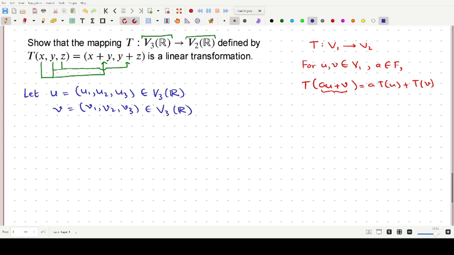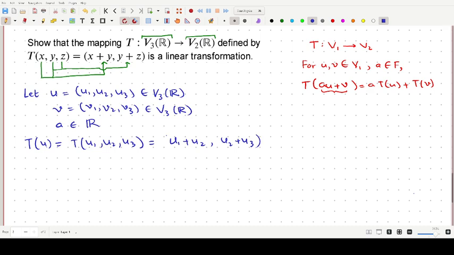So we have chosen two vectors from our domain, and of course let a be the scalar from our field R. Now, T of u is the same as T of u1, u2, u3, and this would be the first plus second, that is u1 plus u2, and then second plus third, that is u2 plus u3.